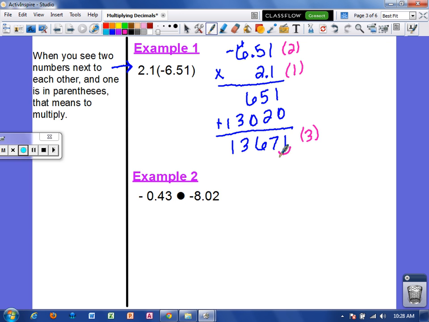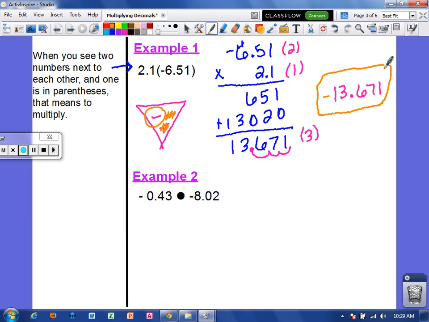So that would be 1, 2, 3, and our decimal would go here. So that would be 13.671. Now, I need to check Mike Dude and see if my answer should be positive or negative. We multiplied a positive times a negative, so if I cover that up on Mike Dude, I'm left with a negative. So that is a negative 13.671.